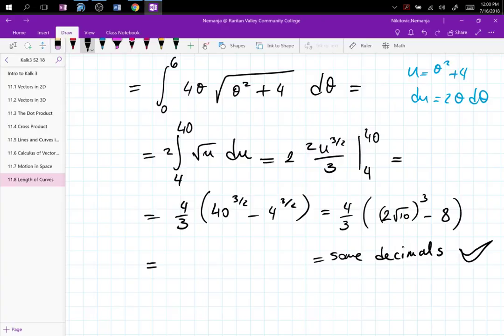This is equal to, factor 8, that's 32 over 3, and then you have root 10 cubed minus 1. That's a better answer. That's it. Bye.